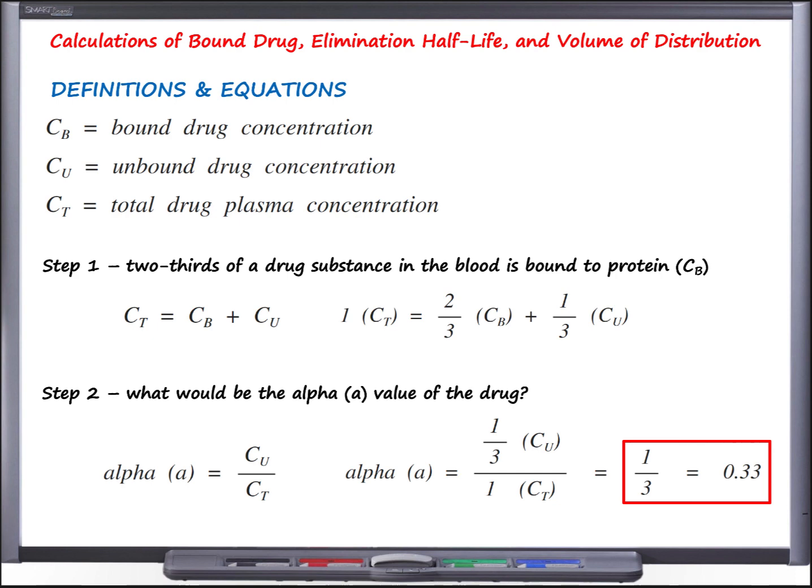We can compare A values of different drugs to look at relative differences in how well the drug will be able to leave the blood and get into the body, brains, livers, hearts, whatever it is, to be able to produce its effect. So it is an important review of the distribution aspect of pharmacokinetics.